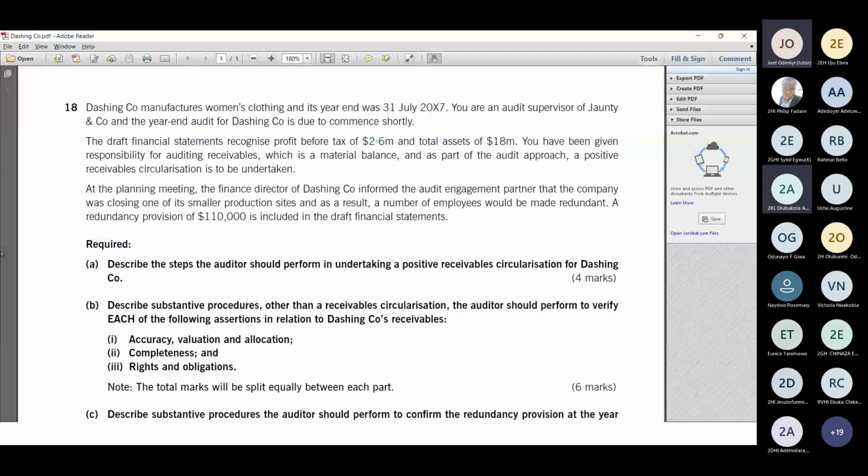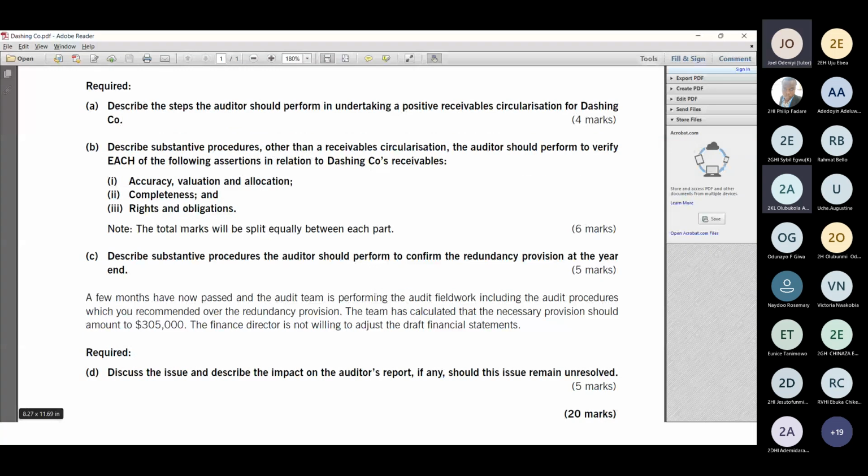Discussing the issue is you saying that management has said the redundancy provision should be 110,000. Audit procedures have discovered that it should be 305,000, which means there is an additional $195,000 that needs to be recognized. Otherwise, the financial statements will be misstated. That is you discussing the issue, essentially discussing what is giving rise to the problem.